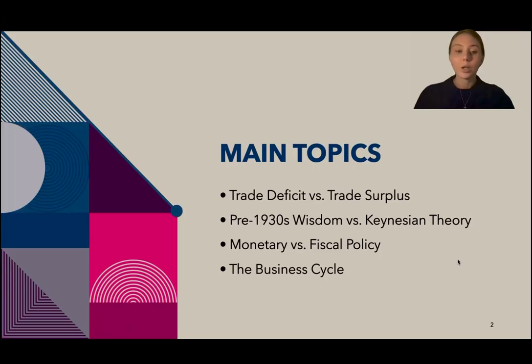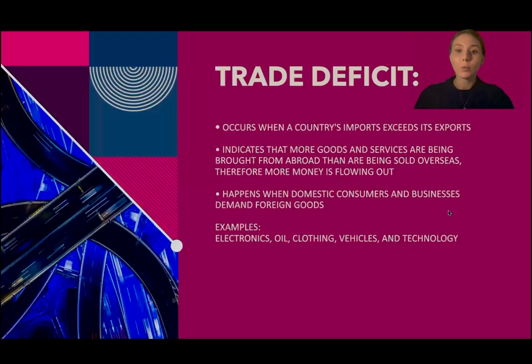Okay, so to begin, we have trade deficit. A trade deficit happens when a country imports more goods and services than it exports. This means that it buys more from other countries than it sells to them. A brief example is that the United States has been in a trade deficit since the 1980s.